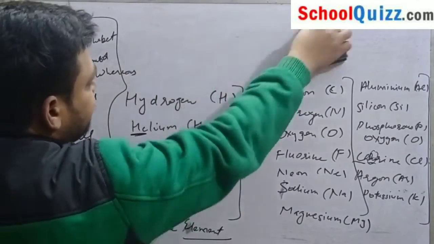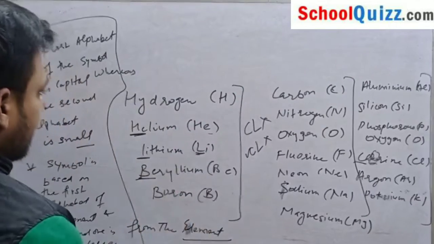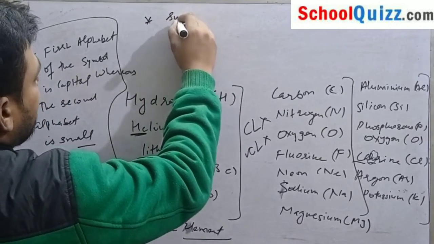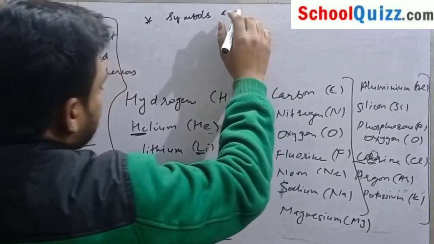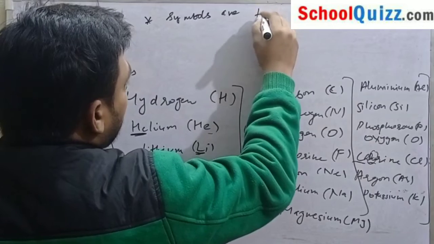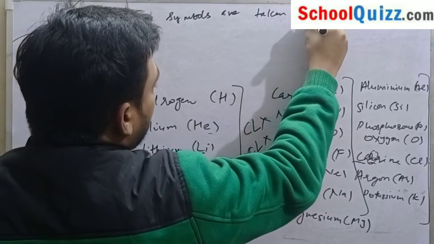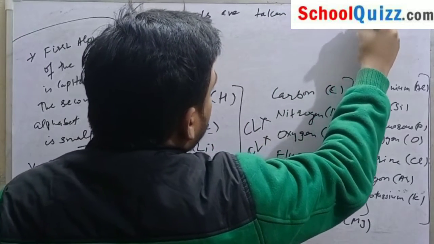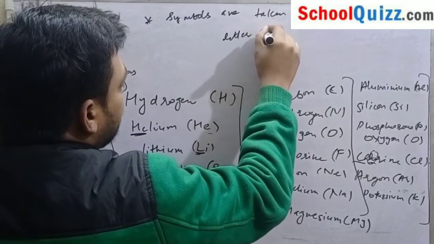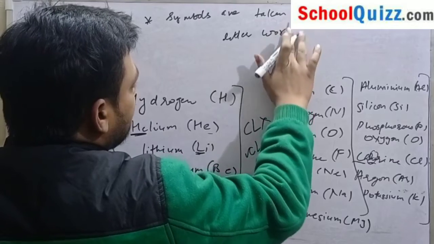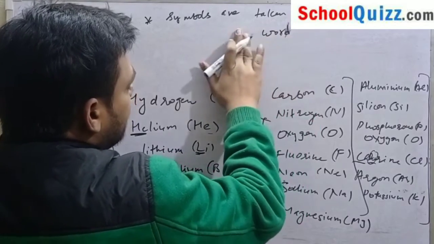The third point is that some symbols are taken from their Greek word.